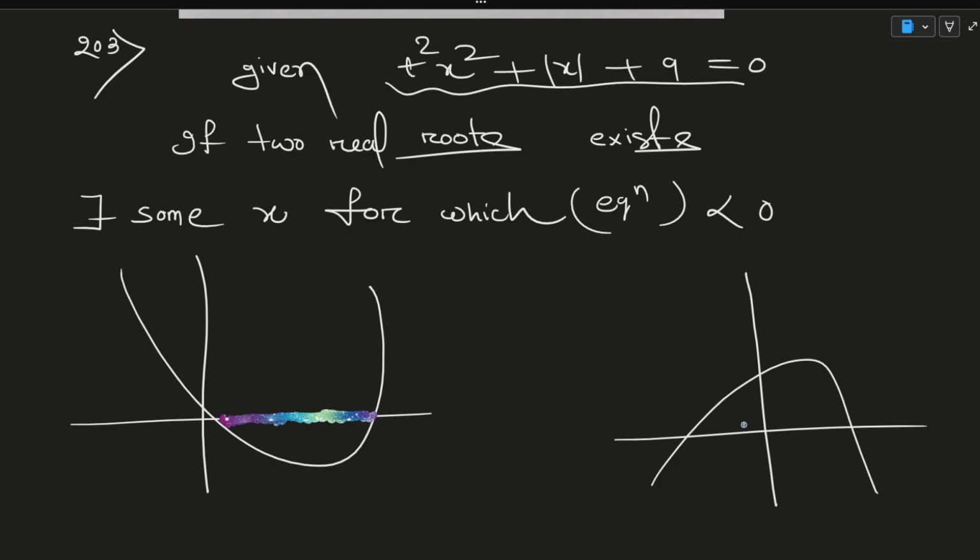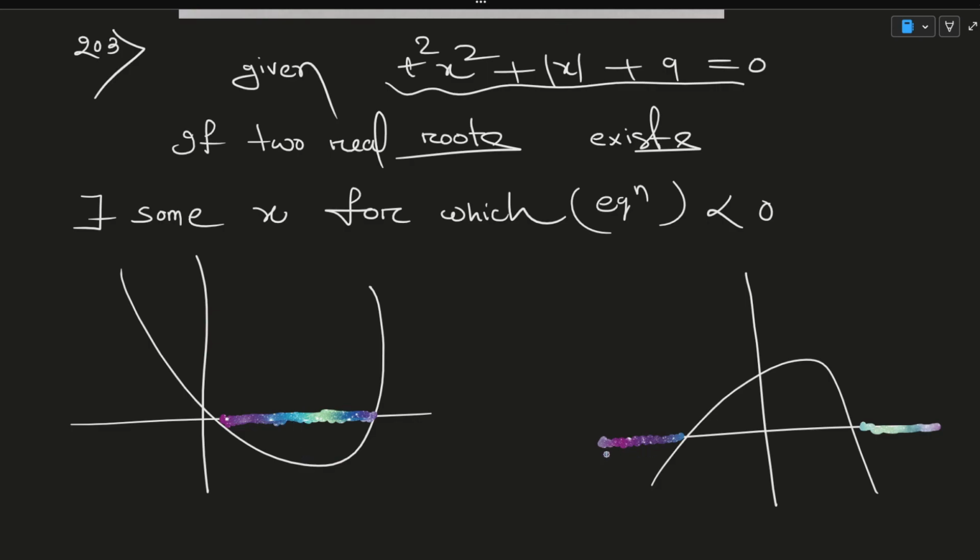For the downward parabola, it is also true that there exists some x such that the value of the quadratic equation is less than 0. If it is an upward parabola, then these are the values of x for which the value of the quadratic equation will be less than 0.